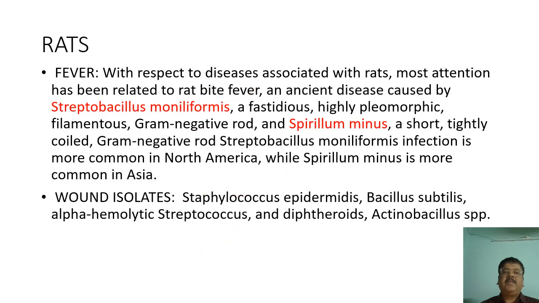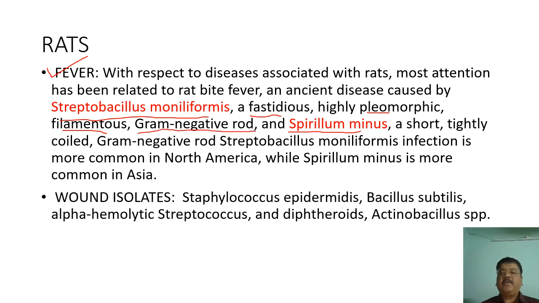Now come to the infection with the rat. The well-known thing is the fever, which is called rat bite fever. Rat bite fever is caused by two organisms, Streptobacillus moniliformis and Spirillum minus. Streptobacillus moniliformis is a fastidious, highly pleomorphic, filamentous, gram-negative bacillus.